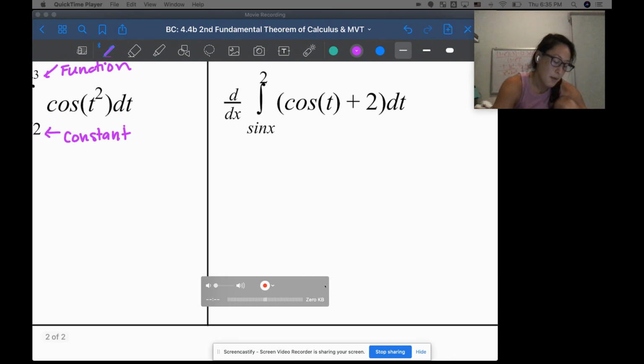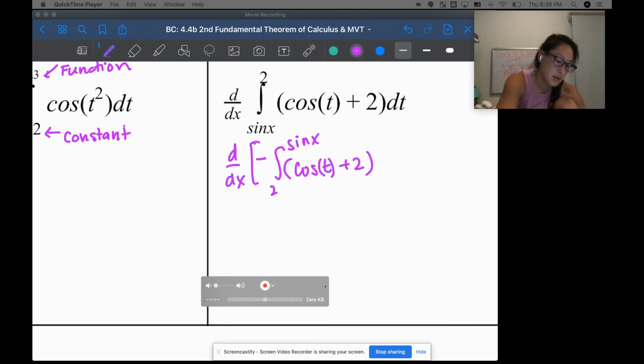Next, we're going to take the derivative of the integral from sine x to 2 of cosine(t) plus 2 dt. I'm not super keen on the function being on the bottom, so I'm going to write this as d dx, and I'm going to pull out the negative from 2 to sine x, so I can flip the bounds, of cosine(t) plus 2 dt.